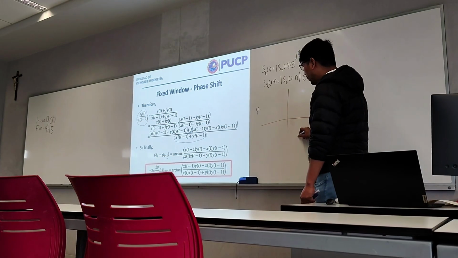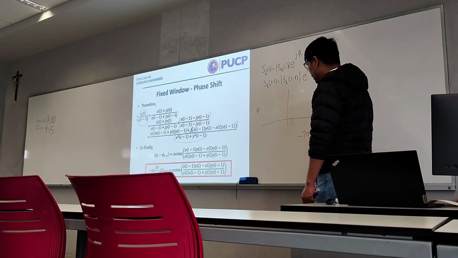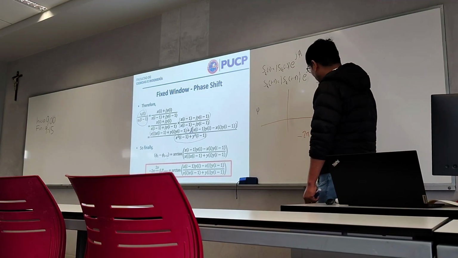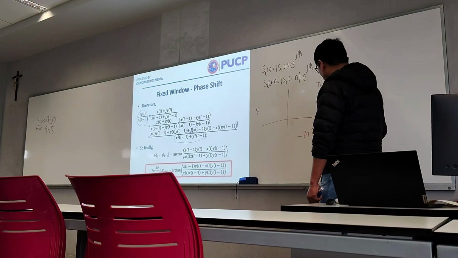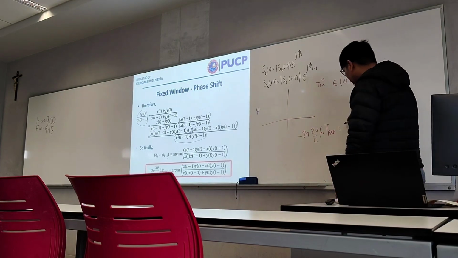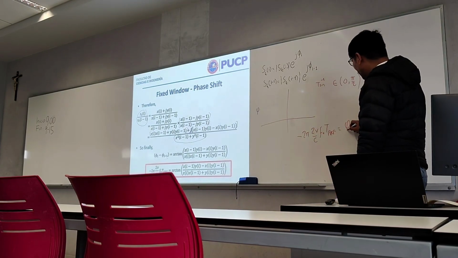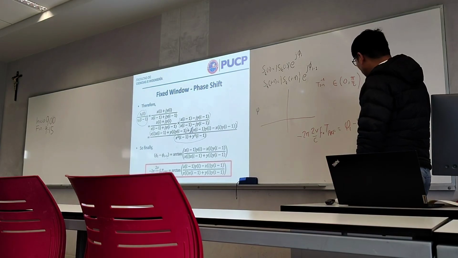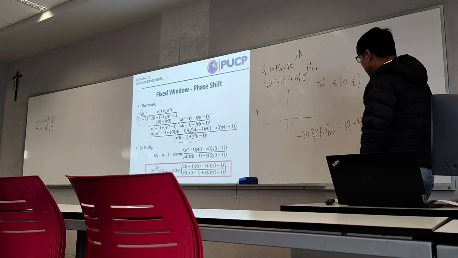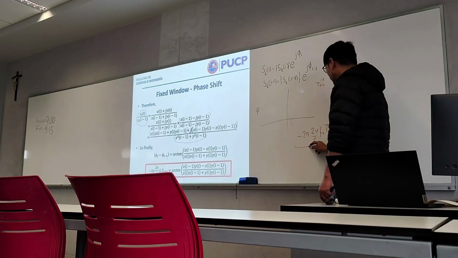If we see here, we have 2 pi 2b over c f0 t. That's the phase difference. And that is how much?